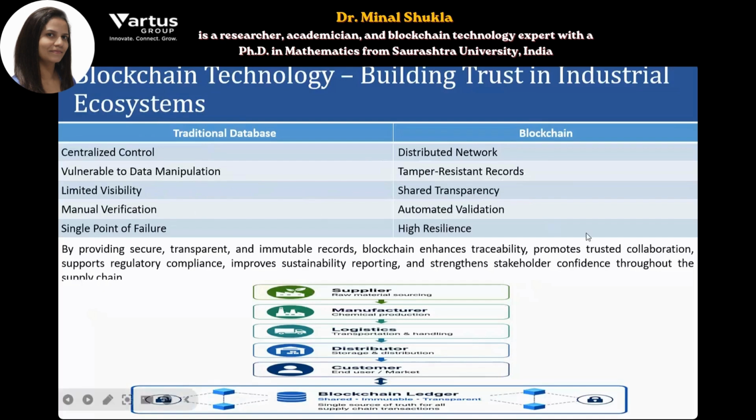Manual verification versus automated validation; single point of failure versus high resilience to failure because it is not dependent on one authority. By providing secure, transparent, immutable records, blockchain enhances traceability, promotes trusted collaboration, supports regulatory compliance, improves sustainability reporting, and strengthens stakeholder confidence throughout the supply chain.